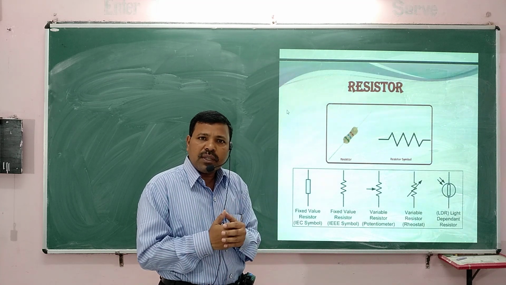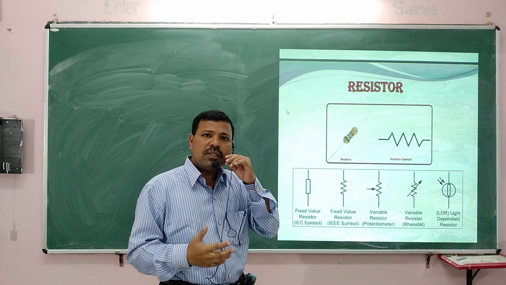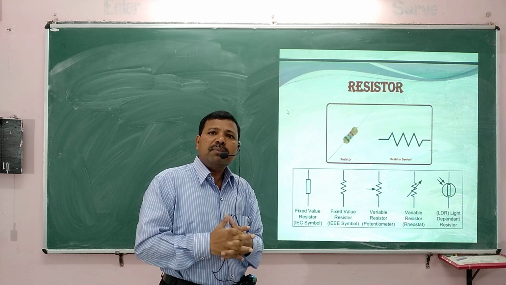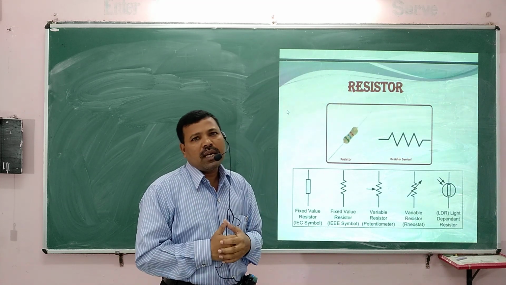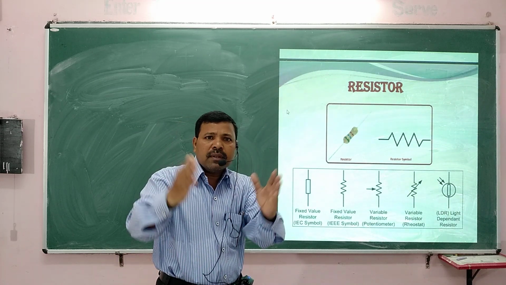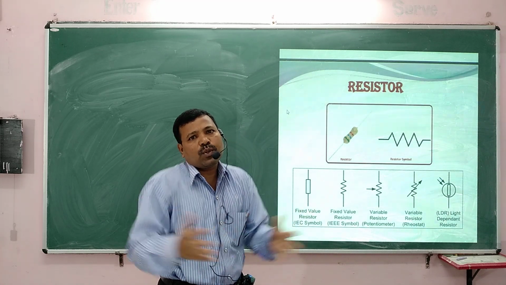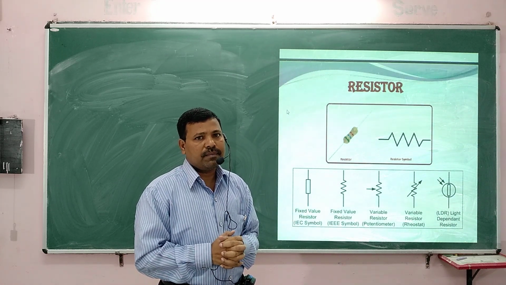In the previous session, we defined what resistance is. Resistance is the property of a substance which opposes electricity, and the substance which has resistance is known as a resistor.